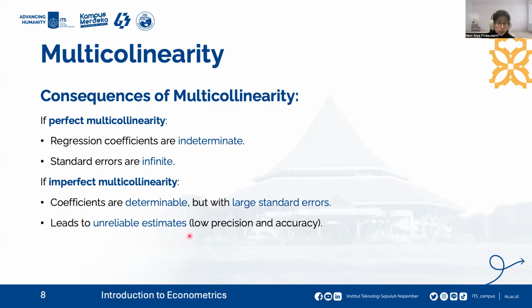Our estimates will be unreliable, which means we cannot trust the ANOVA test, the partial test, and the F test of our regression coefficients, because the standard error will be inflated, and of course that affects whether those variables are significant or not.